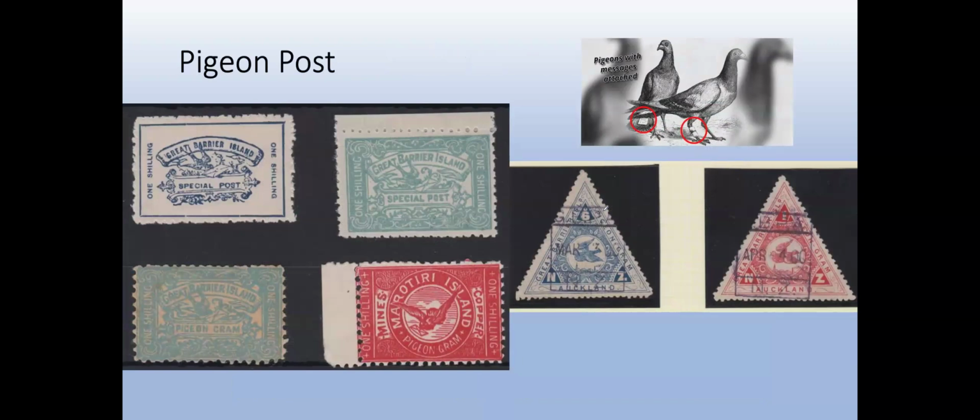Pigeon post was another peculiarity of the New Zealand postal collecting scene. Great Barrier Island sits in the Hauraki Gulf just off the coast of Auckland, about 60 miles away, and a pigeon service was used to send messages between Auckland and the Great Barrier Island between 1897 and 1908.